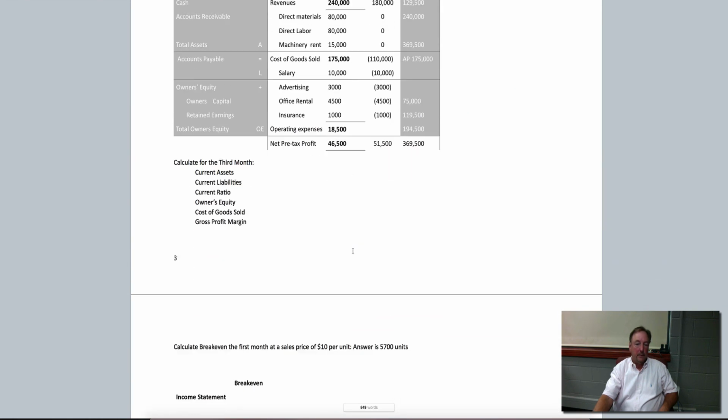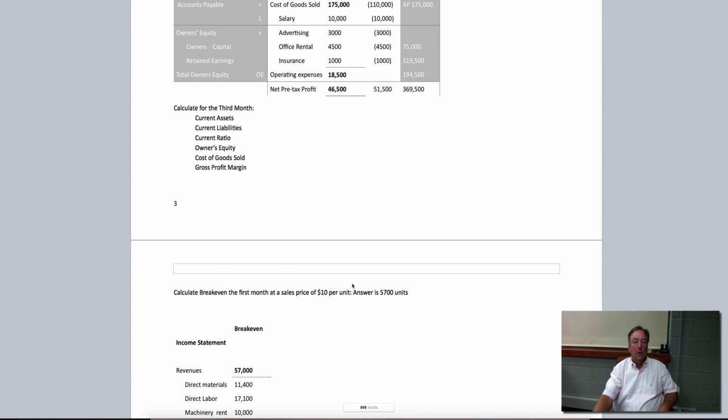How many units would it take us to cover our fixed expenses of $28,500? And the answer is for you to take $28,500, which is the amount we would have to write checks for, and you need to divide that by $5 a unit, which is how much is left over after we pay our variable cost, and the answer is 5,700 units.